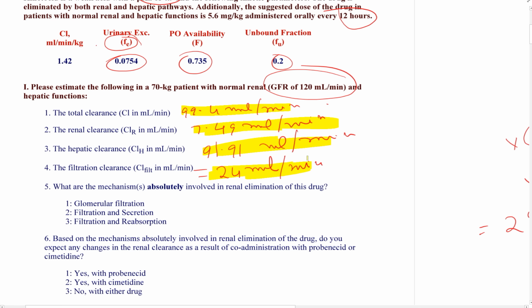What are the mechanisms involved in the renal excretion of this drug? First we have to see what the renal clearance is. This is our total renal clearance, and filtration clearance is this.